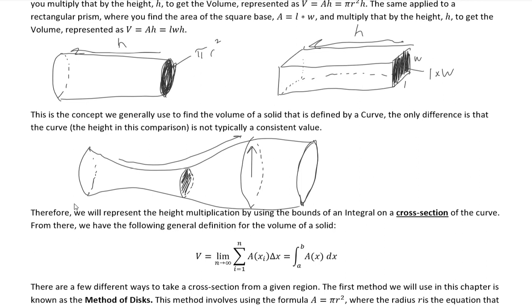Therefore, we're going to apply a similar concept as before. We're going to find a formula that represents the area of this cross section, and then integrate that along this distance, along that height. That's overall what we're going to try to do.